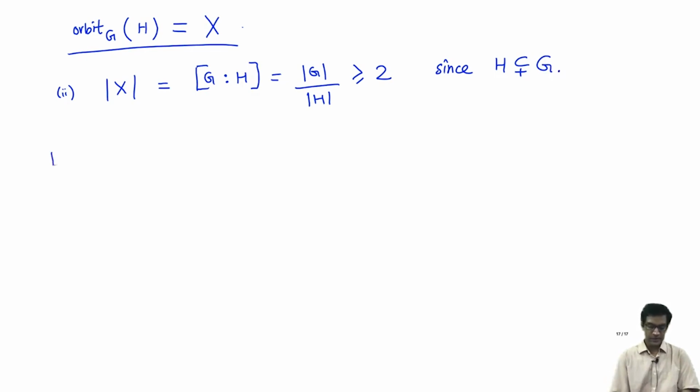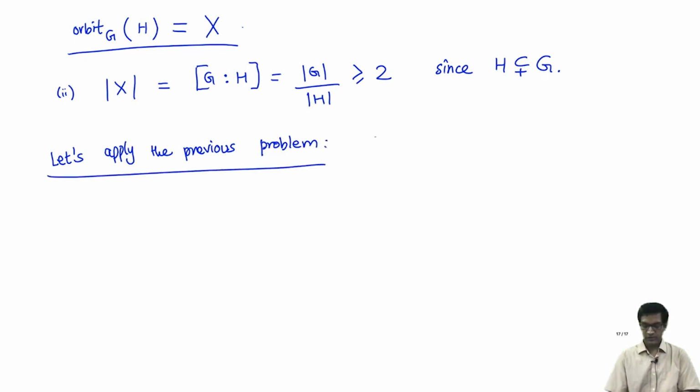Okay, now let's apply the previous problem. What does that allow us to conclude? The conclusion of the previous problem was the following: there exists an element g in G whose fixed point set is empty.